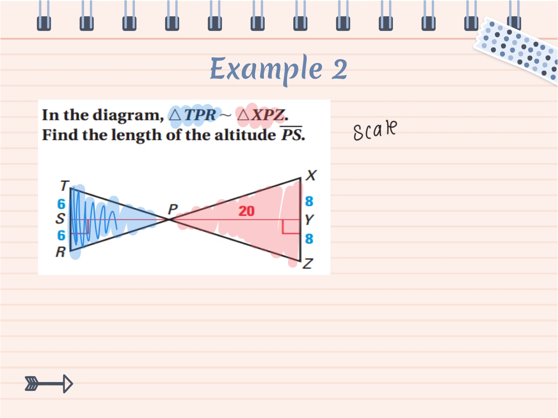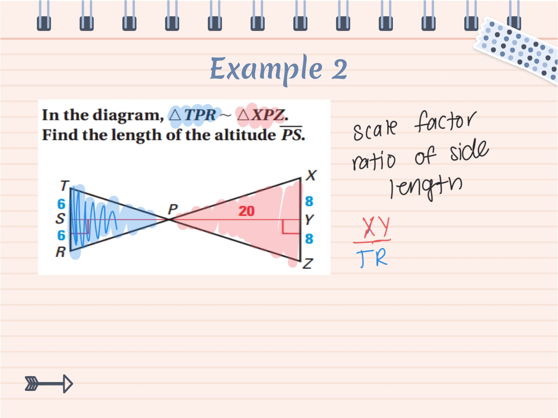My scale factor, which is the same as my ratio of side lengths, my corresponding length. So looking at it, I'm going to take the length of my red triangle, to my left. Okay, so it should actually be XZ, not XY.